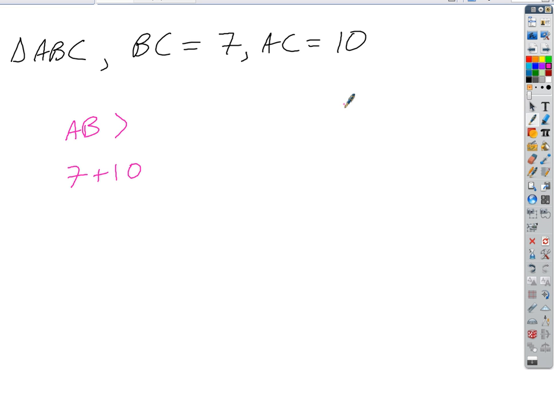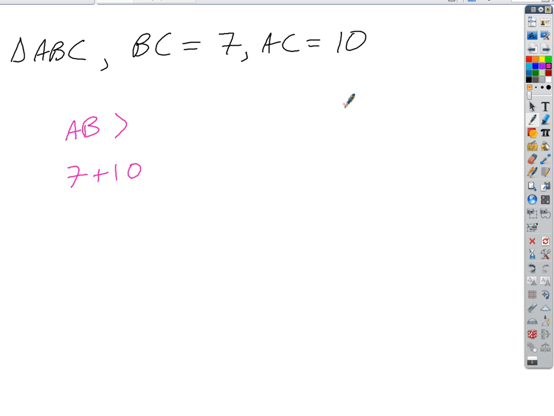Okay, well, if AB is the longest side, could AB be 1,000? If AB had a length of 1,000, would that make a triangle? It's not going to quite do it, is it? That's way too big. Those sides aren't going to be able to reach. Could AB be 20? No, can't, too big. Could it be 16?